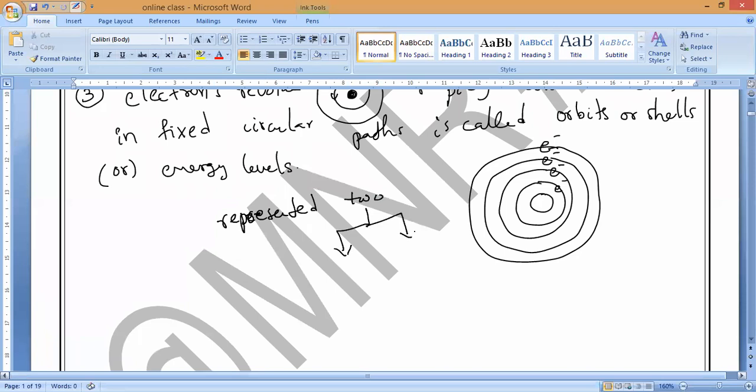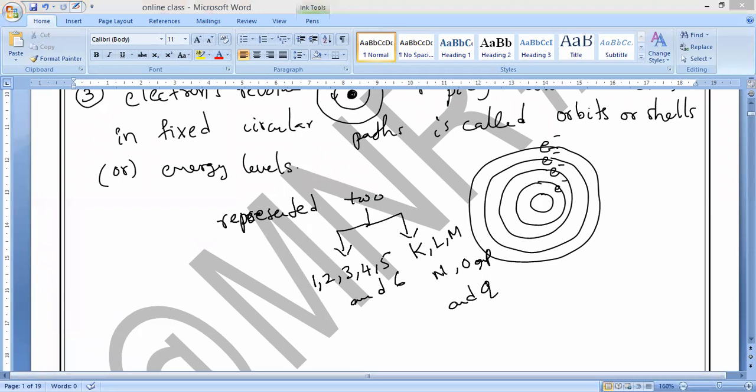One way is with numbers: 1, 2, 3, 4, 5 and 6. And alphabets, how can we represent? The alphabet starts from K, L, M, N, O, P and Q. So this is the representation of the energy levels or shells.